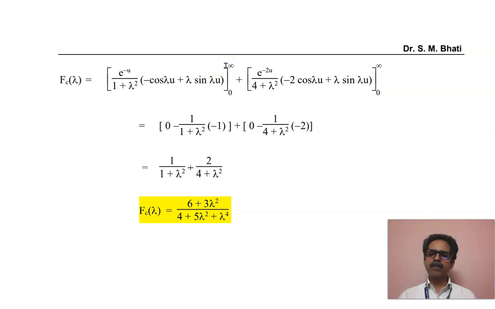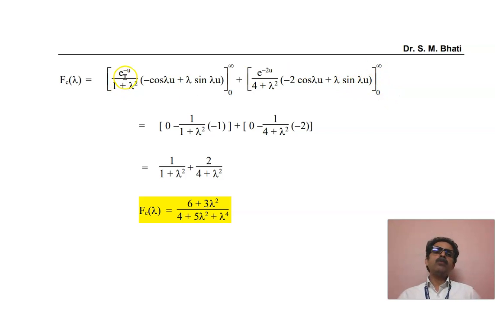Limits are for the variable u. Similarly, for the second term, e raised to au, that is e raised to minus 2u, upon a square plus b square, that is minus 2 whole square plus lambda square, into, here a is minus 2, a cos bu, that is cos lambda u, plus b, that is lambda, sin bu, that is sin lambda u, and limits are 0 to infinity.